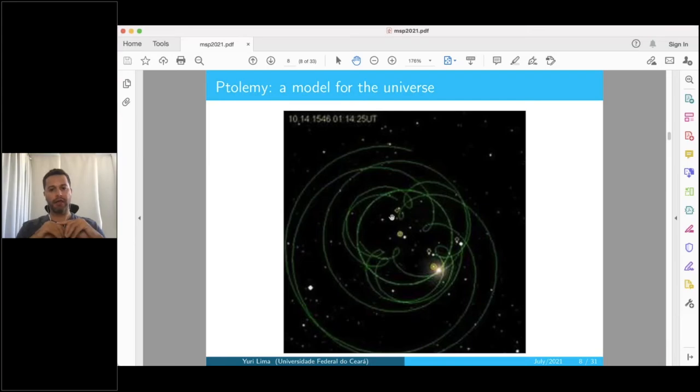Because if Earth was at the center and all planets were moving in circles, all concentric with center at Earth, you would always see the planets when you look at the sky going from one side to the other. For instance, you would always see Venus going from east to west, but you would not see retrograde movements, where in a part of the year Venus goes from east to west, and then in another part it goes from west to east.